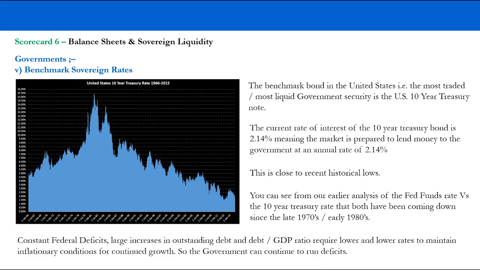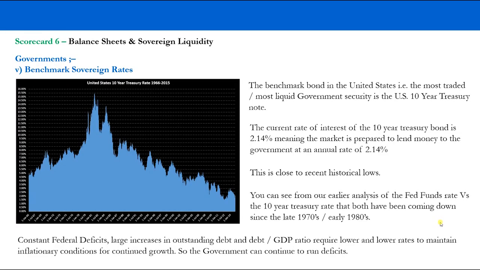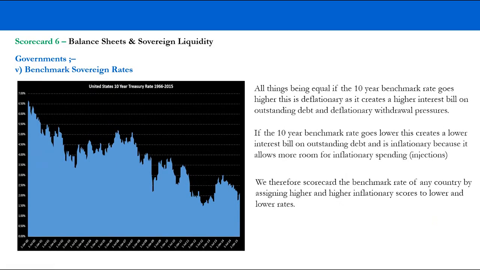We can see that now by looking at this in the overall context of our analysis. If we're looking at the current stats in isolation and looking at it very objectively, interest rates are at or near historical lows, and the score that we're probably going to be assigning here is a pretty inflationary score. All things being equal, if the 10-year benchmark rate goes higher, this is deflationary, as it creates a higher interest bill on the outstanding debt, and deflationary withdrawal pressures.